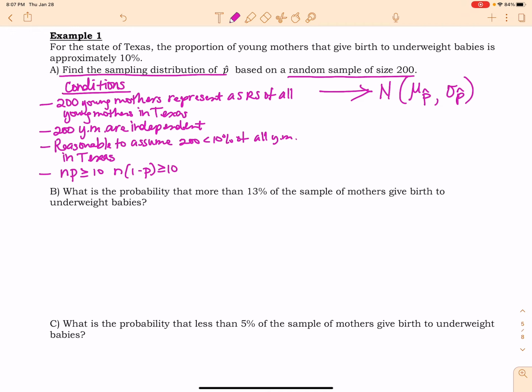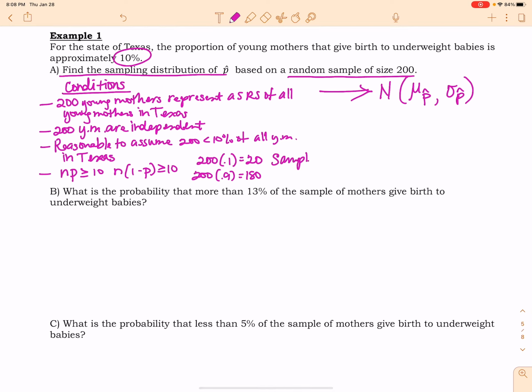So the n here is 200, and the p is given to me at approximately 10%. So 200 times 0.1 is 20, and 200 times 1 minus 0.1, which is 0.9, is going to be 180. Okay, both of those values are bigger than 10, so it is large enough.